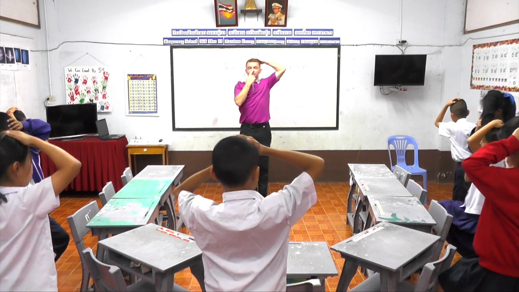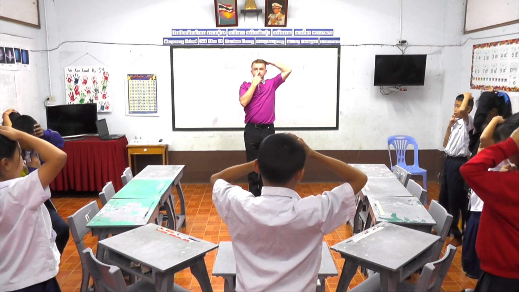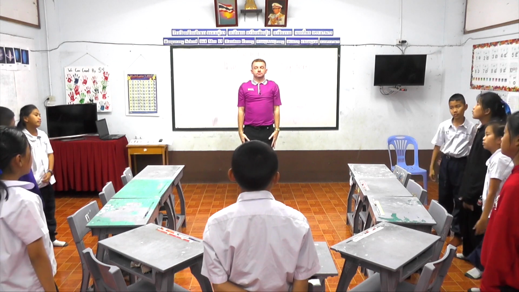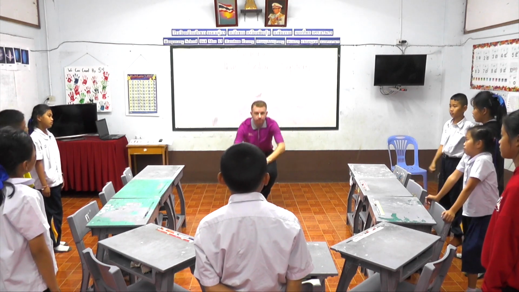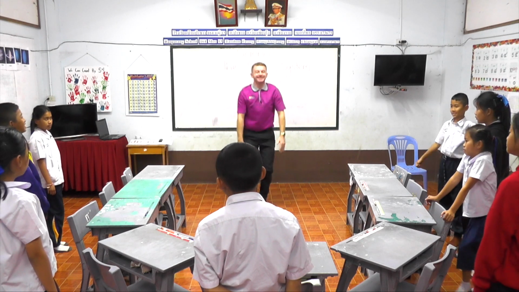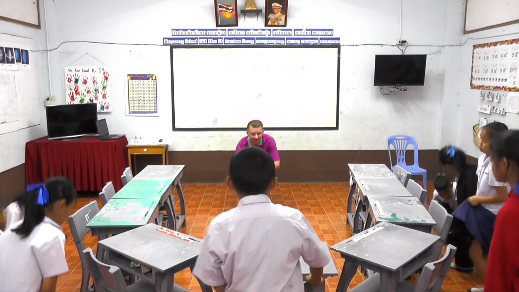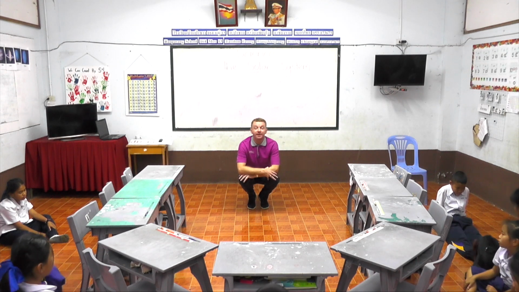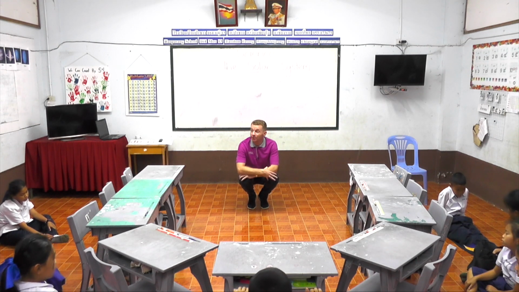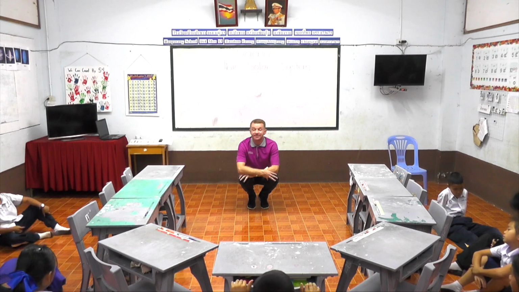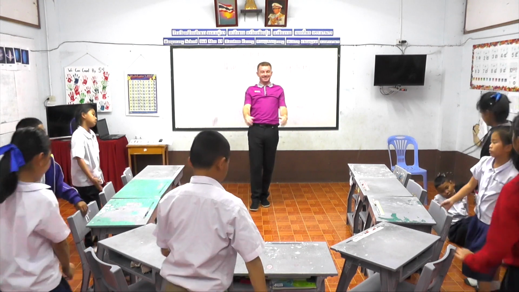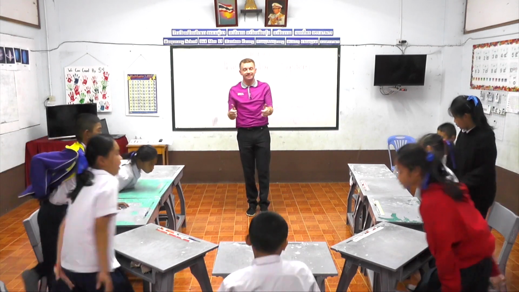Teacher says, stand up straight. Teacher says, arms by your sides. Down into a ball. Teacher says, down into a ball. 5, 4, 3, 2, 1. Teacher says, jump. Excellent, guys. Teacher says, please sit down.